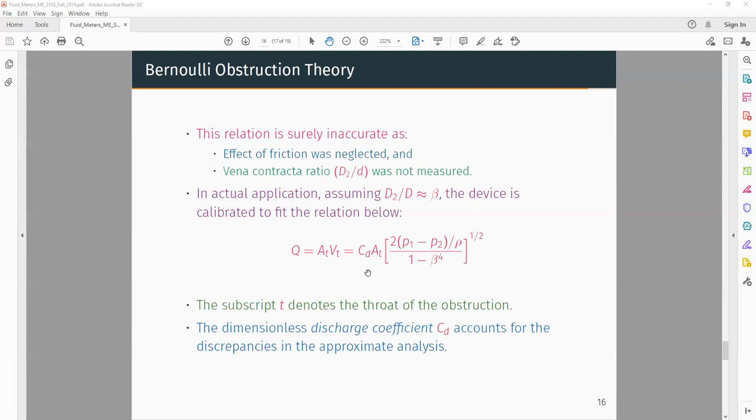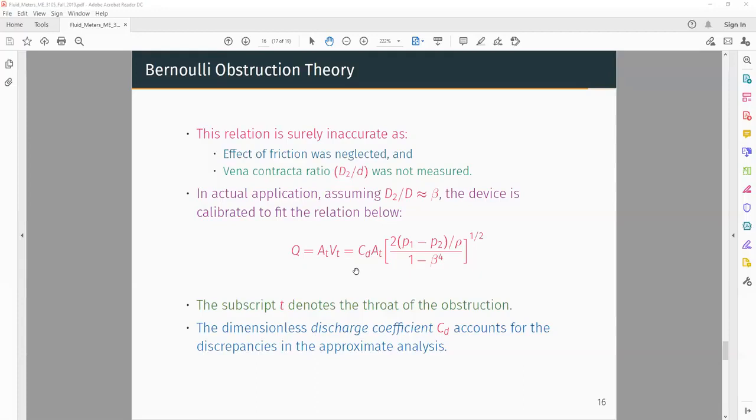The subscript T here denotes the throat of the obstruction, and CD, as I have said just now, is the discharge coefficient and accounts for the discrepancies of the approximate analysis. And what are they? They are the effect of friction, which is neglected, and the vena contracta ratio, which was not measured.